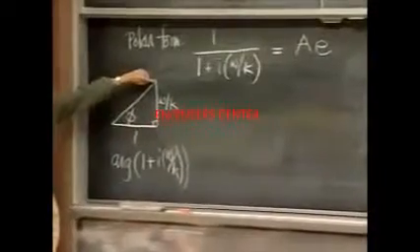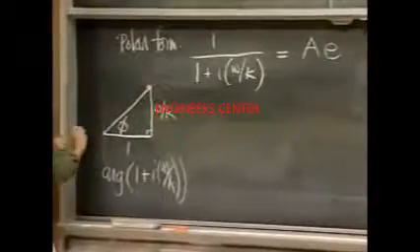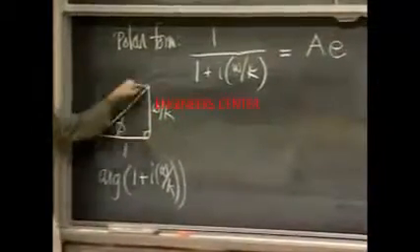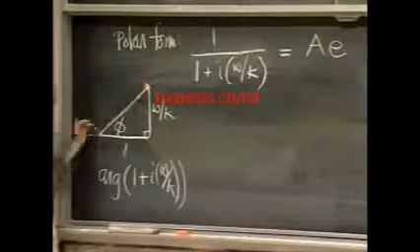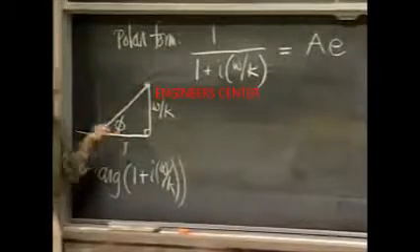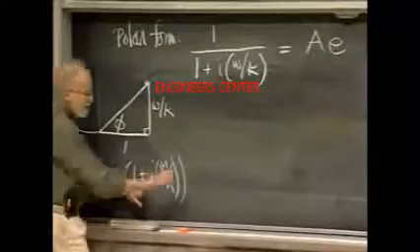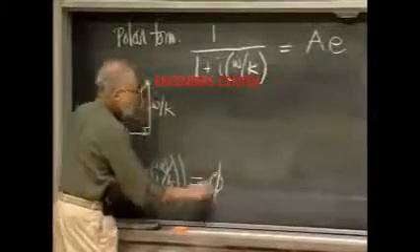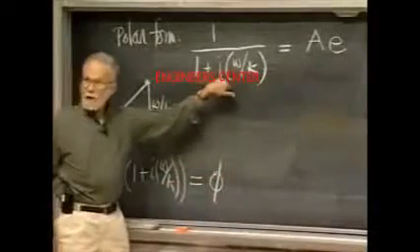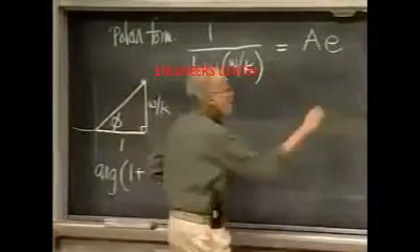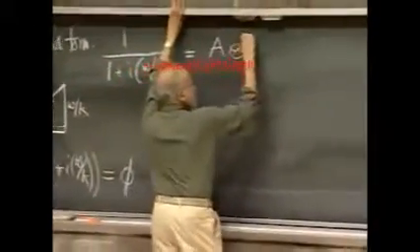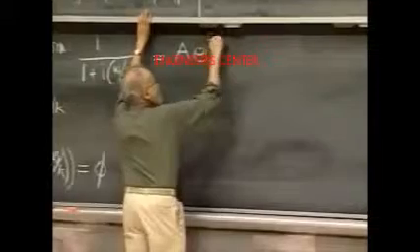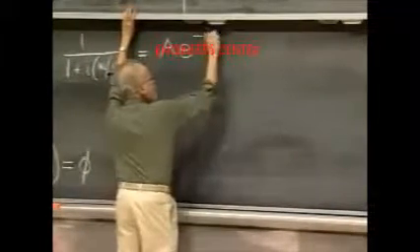Its angle is phi. So the argument of this is phi, and therefore the argument of its reciprocal is negative phi. So it's e to the minus i phi.